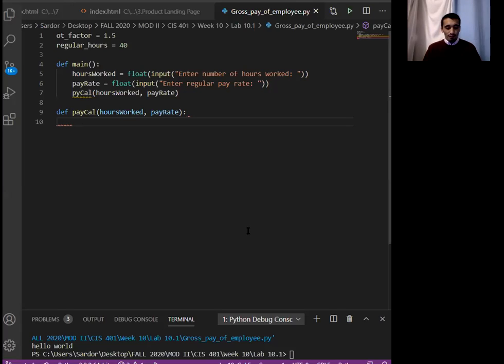I'm calling everything a function. It's all right. Slow and steady. If hours worked, we go with greater than regular hours.